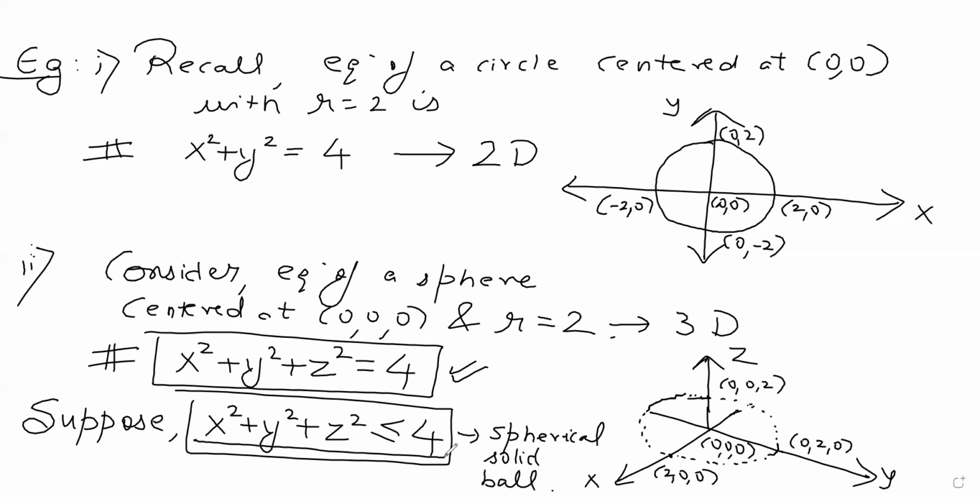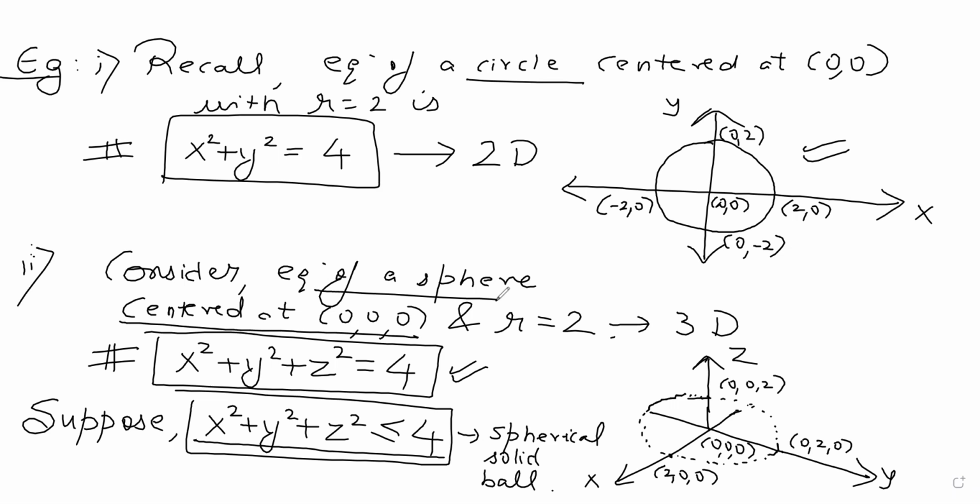This lecture will only help you to graphically understand how concepts work in 3-dimensional space. The same equation in 2 dimensions gives you a circle. The same equation in 3 dimensions gives you a sphere. And if you plot the inequality, you get the whole ball, that means the boundary of the ball and the mass inside the ball.